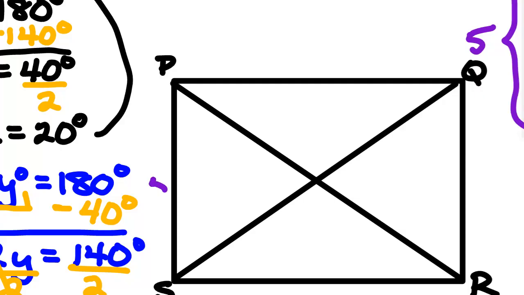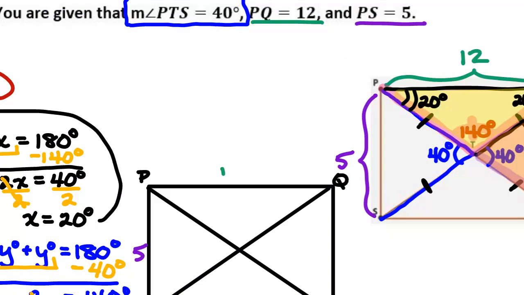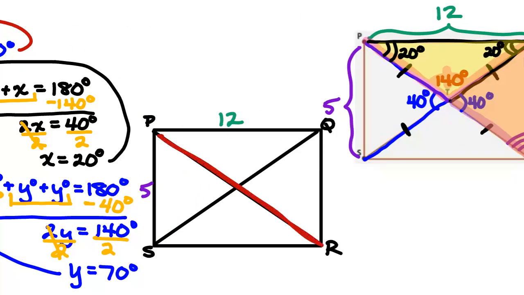We know this side is 5, and we know across the top is 12. And we have been asked to find PR. So PR would be this right here.